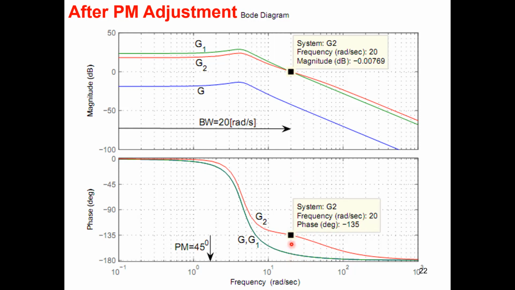You have maintained this 45 degree margin. This is very safe now. You have lifted the phase curve up, to be precise, by 33 degrees at 20 radians per second. Okay, so we have adjusted the bandwidth, we have adjusted the phase margin also.